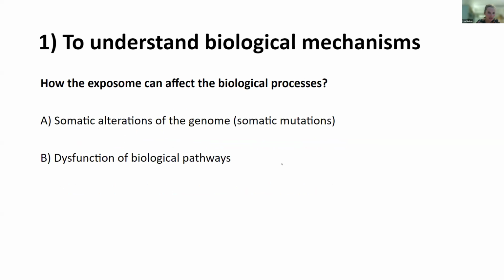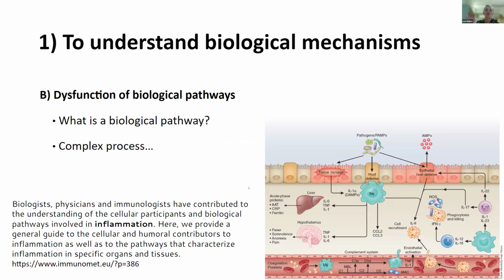And how can the exposome affect biological processes? Well, through alteration of the genome, but also mainly through dysfunction of biological pathways. And just to note that when we talk about biological pathways, actually, it's quite a complex process. For example, inflammation is often mentioned as the main biological pathway affected by environmental exposure.